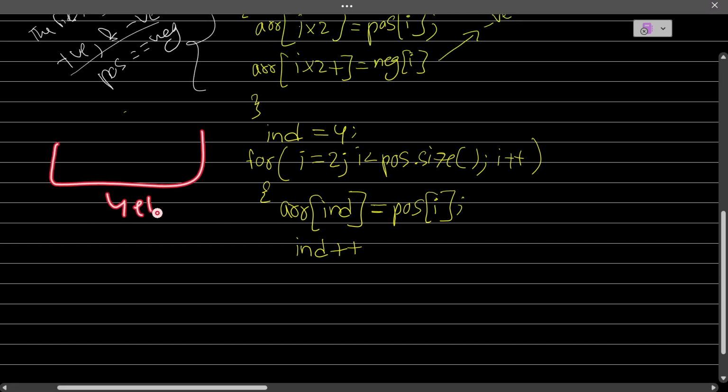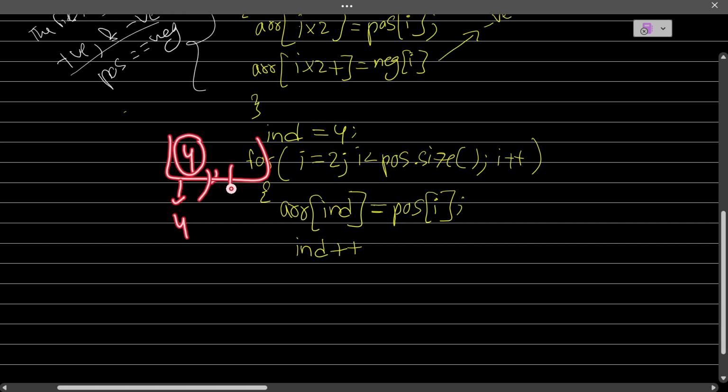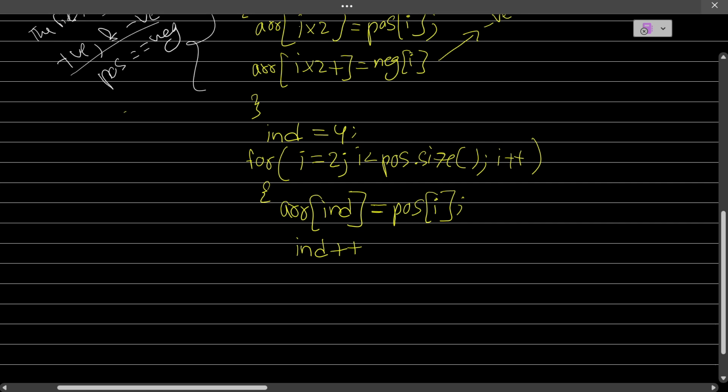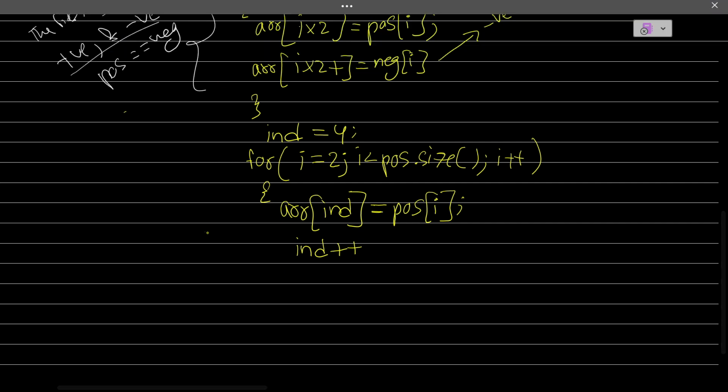Here 4 elements are arranged, and the index that is going to start from this is the fourth index, which needs to place this 4 value here, and then at the fifth index, which needs to put the one positive integer. For that I should increment, right? I should increment from 4 to 5. That's why I say index plus plus. So that's how it's going to work.